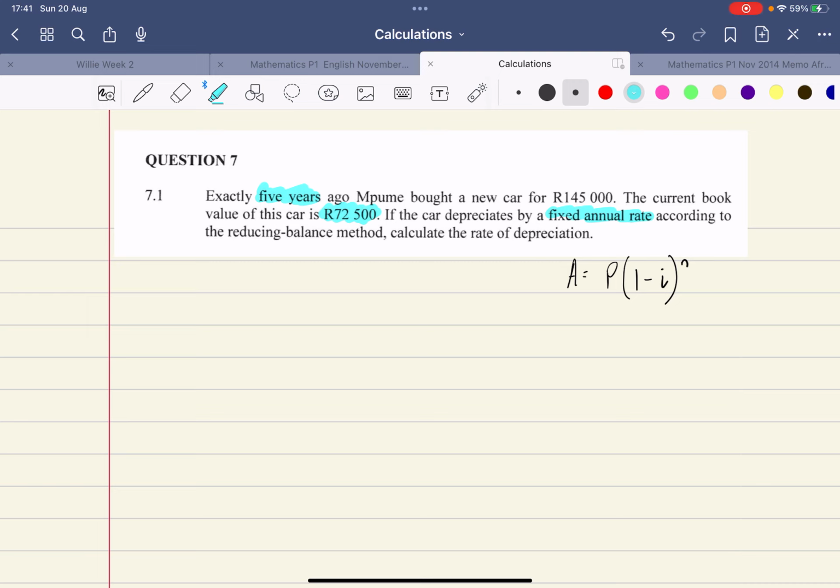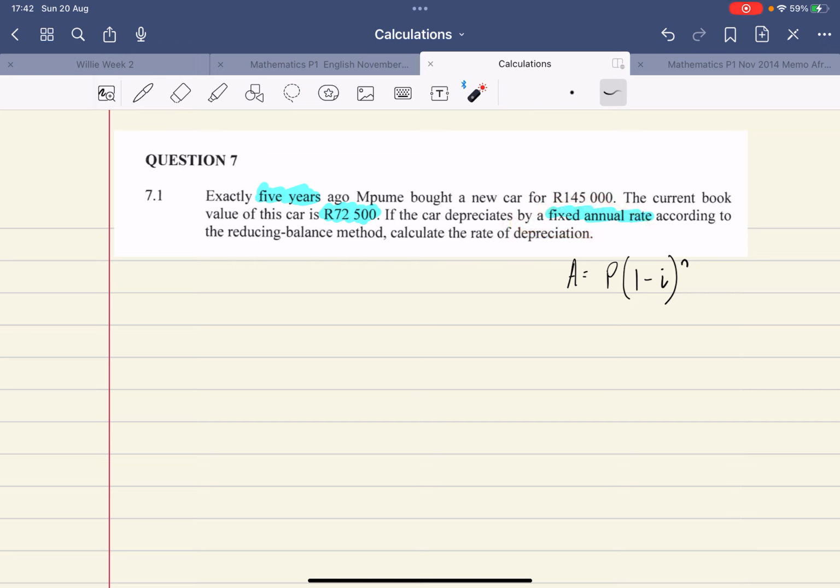So there's some important things here we must take notice of. Firstly, the current value of the vehicle is 72,500, and when he bought the car, it was 145,000. So we can see that the value of the car is depreciated, namely by a fixed annual rate.